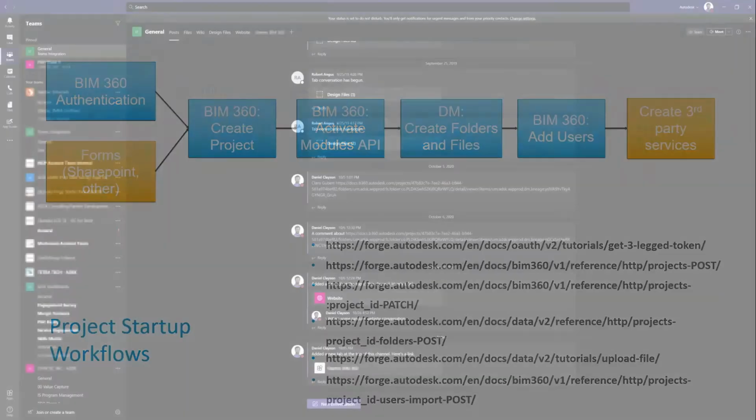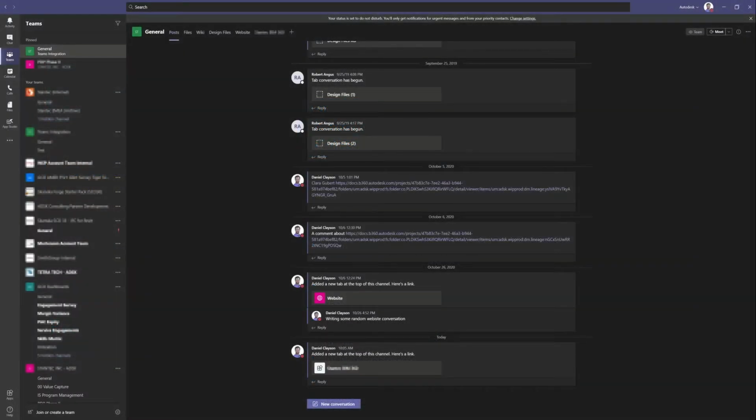Thinking of other systems? Let's talk about Microsoft Teams. Teams has become one of the most popular ways to organize projects and to help teams communicate in both a synchronous and asynchronous fashion. We can use Forge to help deliver model data from BIM 360 to users who are working in Microsoft Teams.